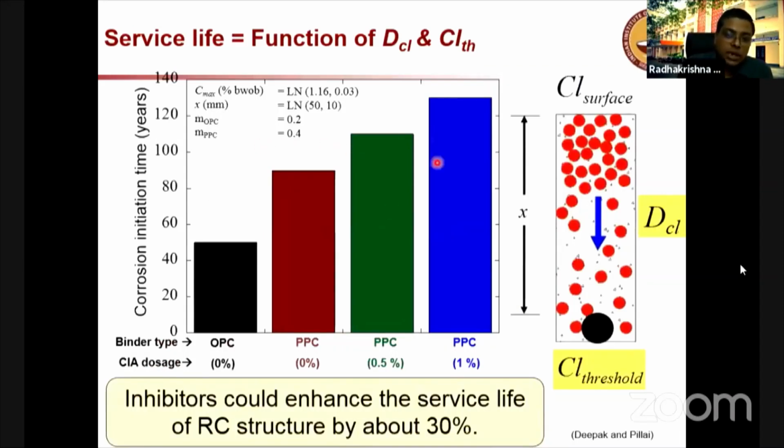You can see here that with the incorporation of both fly ash and corrosion inhibiting admixtures, the blue bar shows you can really get 120 years of life if required. So definitely the use of SCMs and the use of inhibitors can enhance the service life significantly.